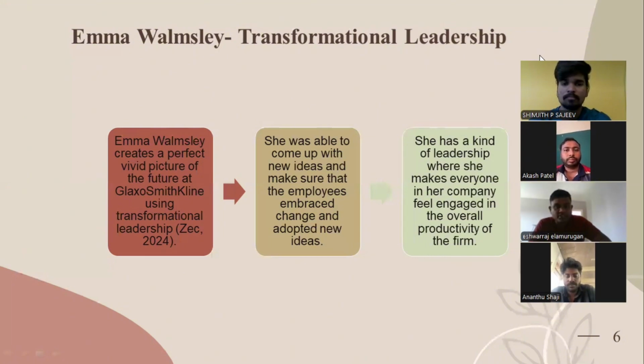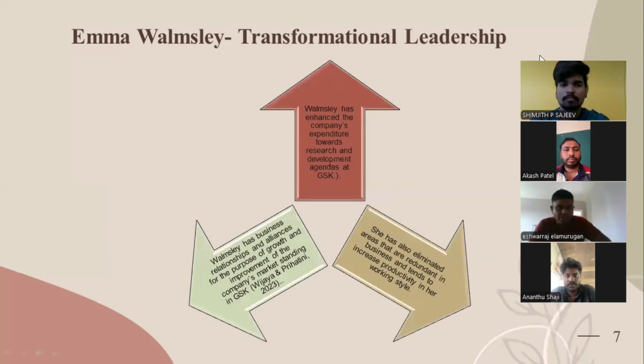And on the next slide we are going to talk about Emma Walmsley's transformational leadership. Walmsley has increased the company expenditure towards the research and development agendas at GSK, and she has also eliminated redundant areas to increase productivity, and her work style is very different.